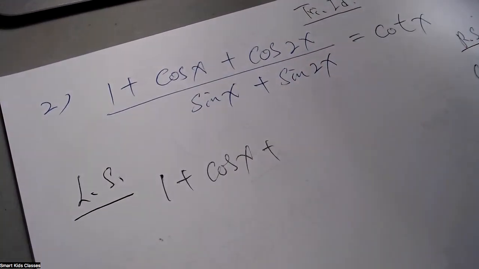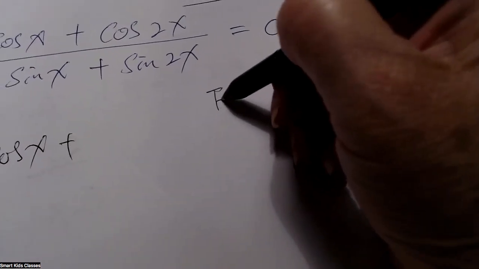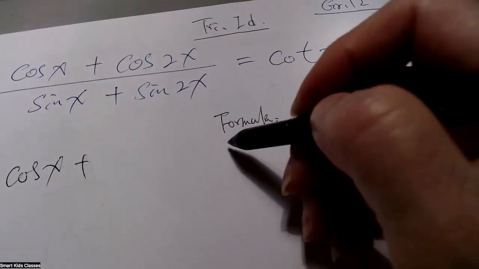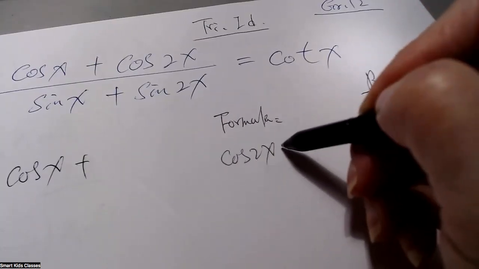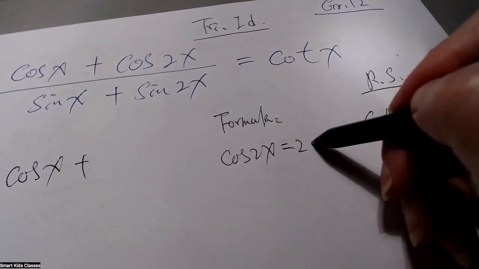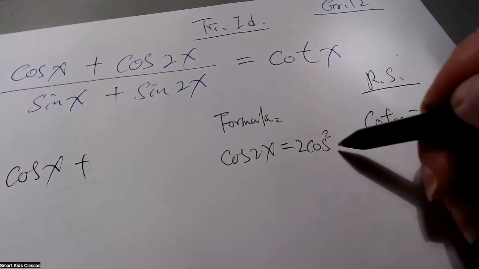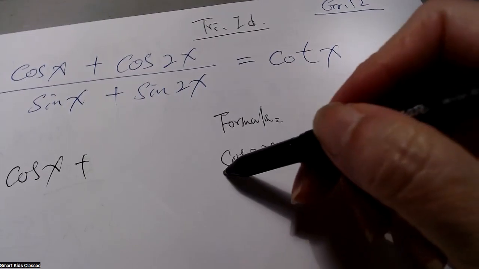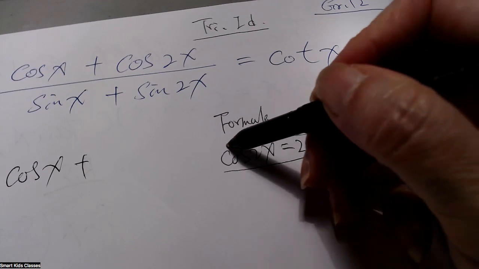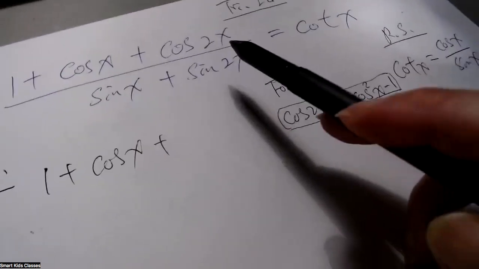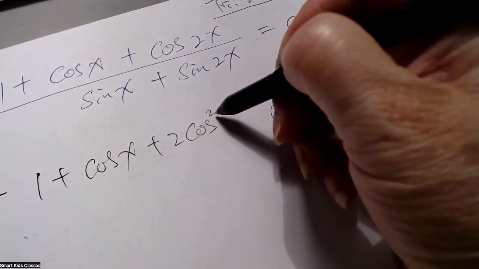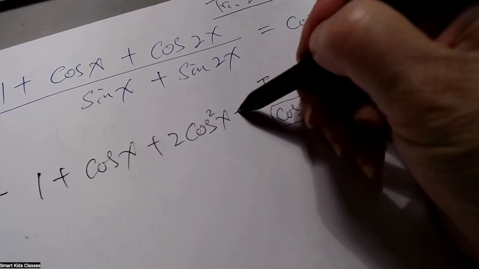I write the formula here: cosine 2x is equal to 2 cosine squared x minus 1. This formula uses the identity here. So for cosine 2x, we put 2 cosine squared x minus 1.